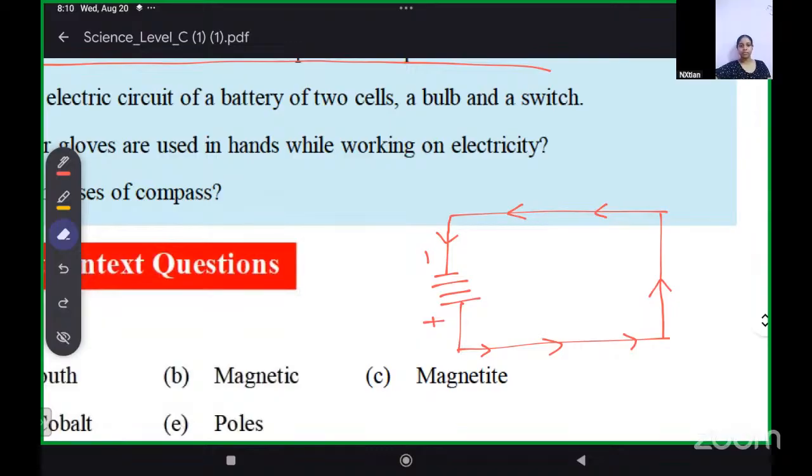Okay, send an image, Emma. Yes, Emma, you can send an image. Okay, I can see it, Emma.